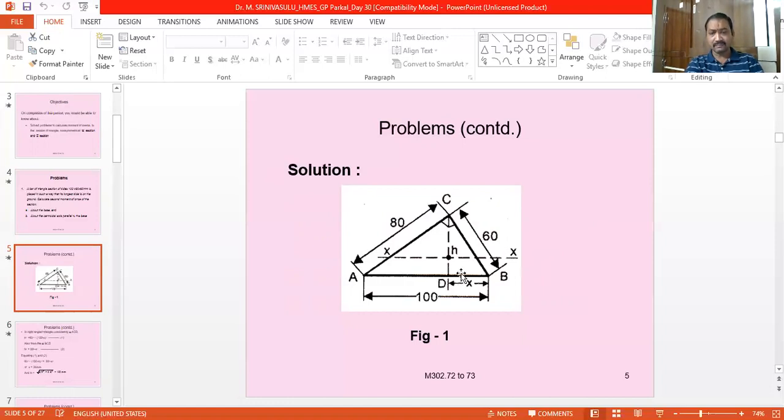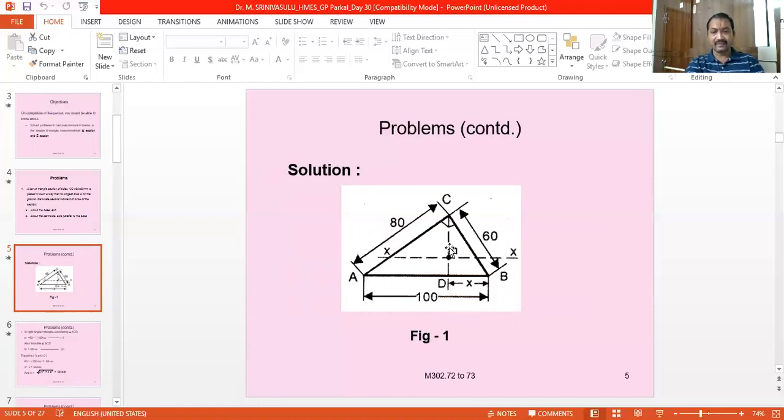By applying the Pythagoras theorem, you can see CD is the common side for both triangles.